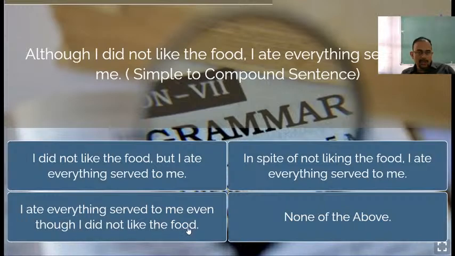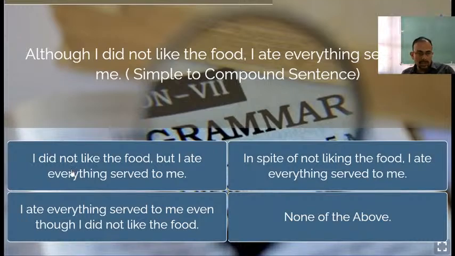So, dear students, always remember, a compound sentence also has two parts, but unlike a complex sentence, in a compound sentence you shall find two perfectly independent clauses or independent sentences.